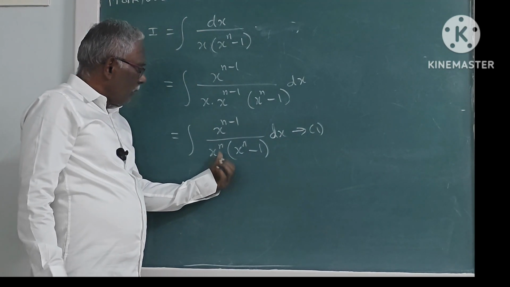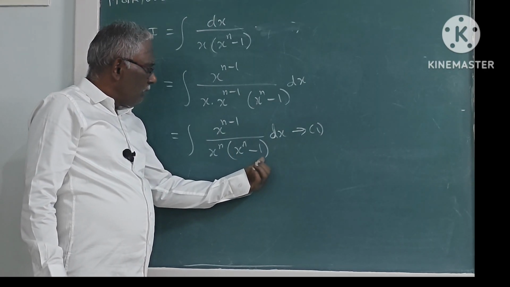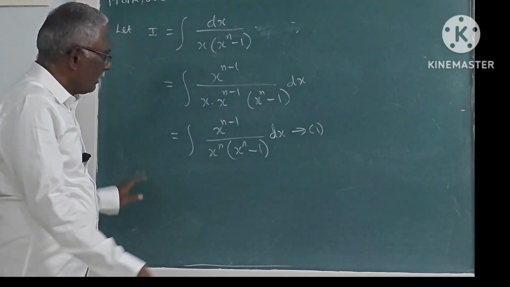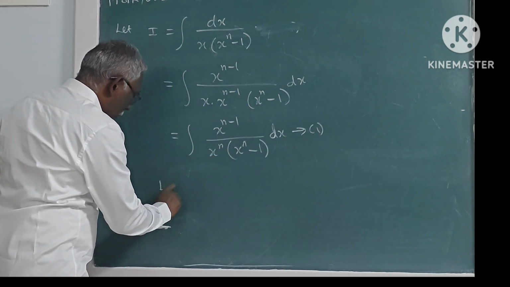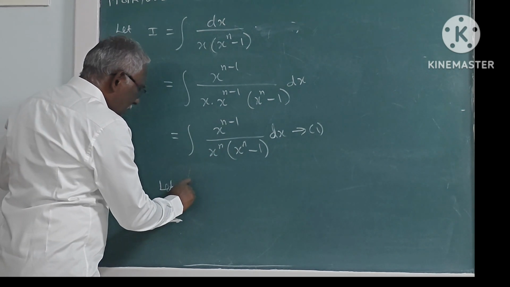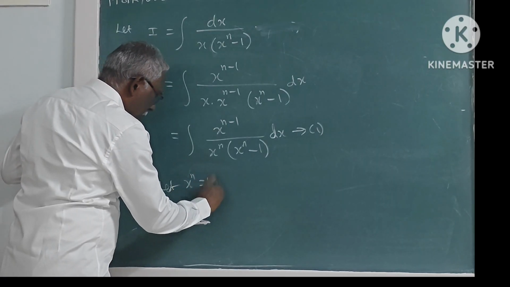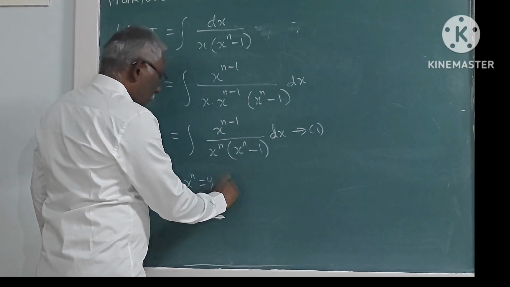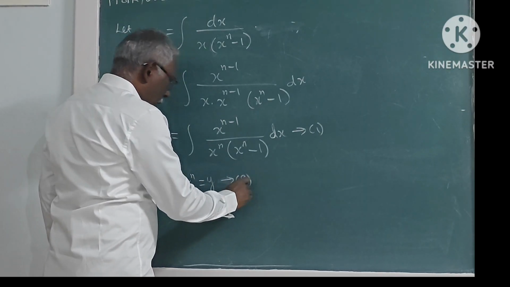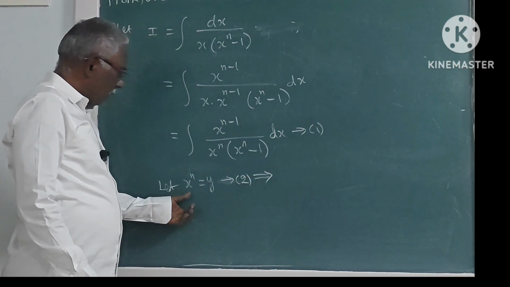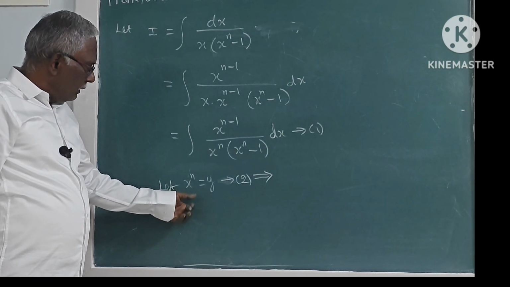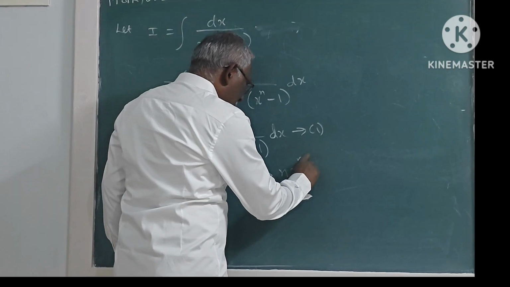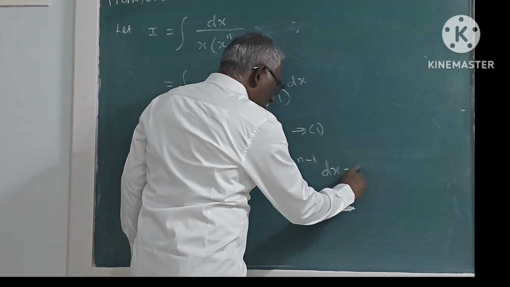Now let x power n be y. Then if we differentiate this with respect to x, we get n into x power n minus 1 dx becomes dy.